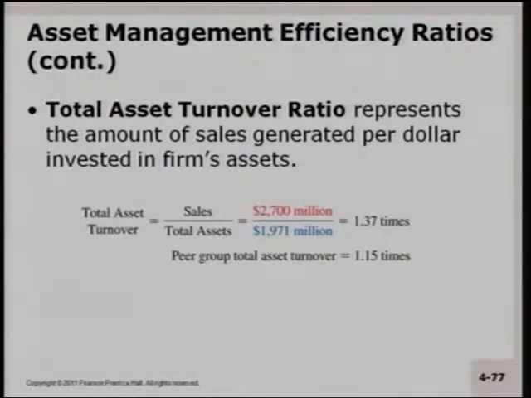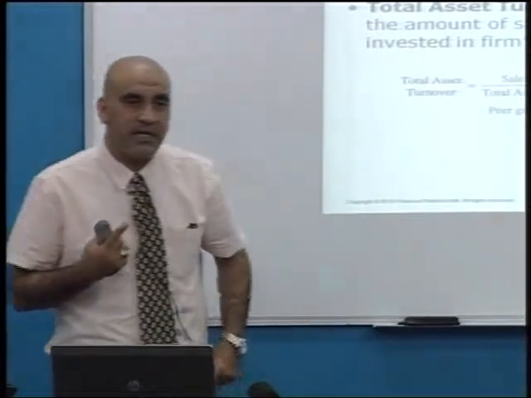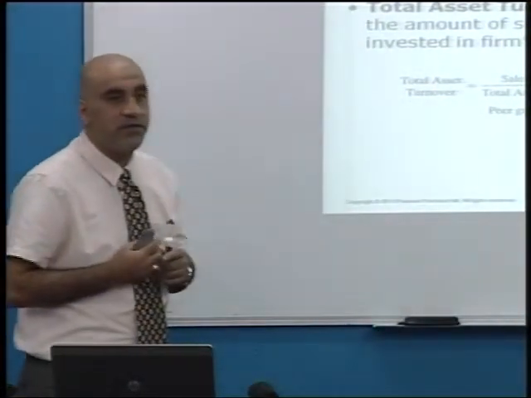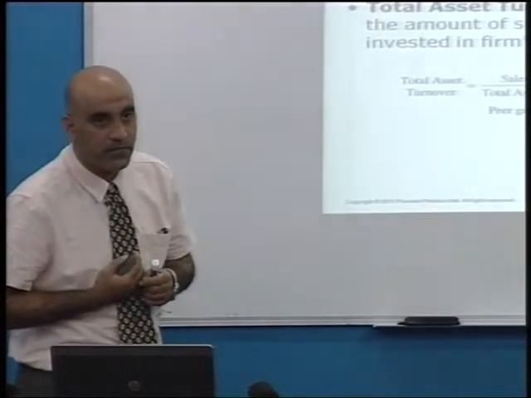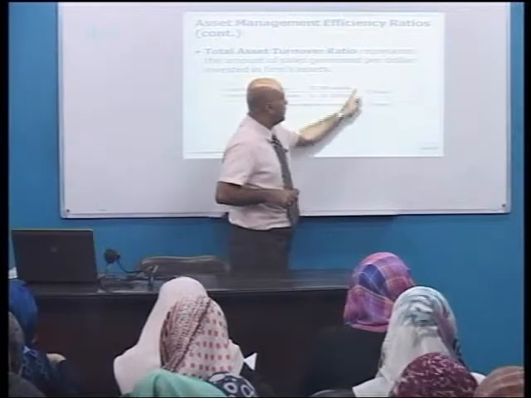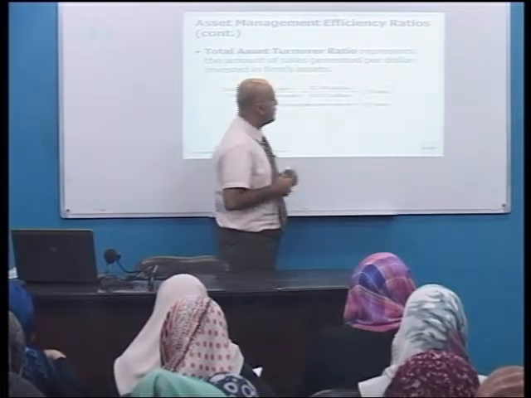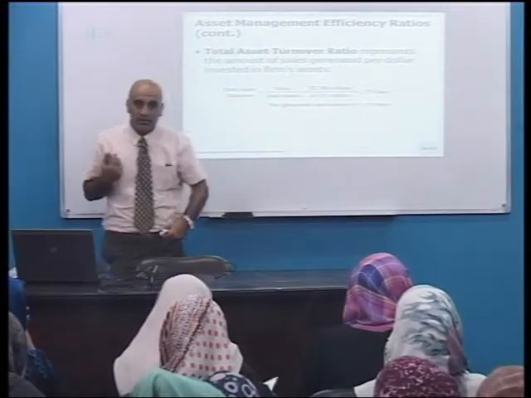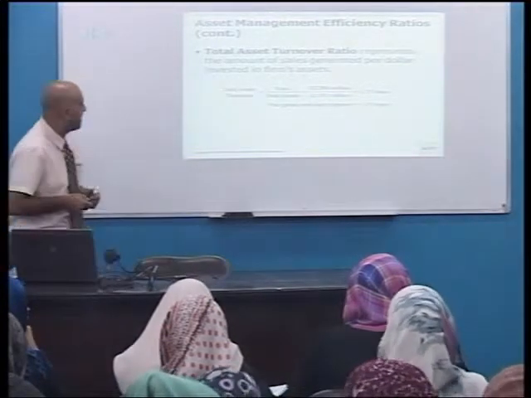What does it mean? $1 invested in the total assets generates $1.37 in sales. If you compare this with the peer group, you see our company is much better than the peer group.